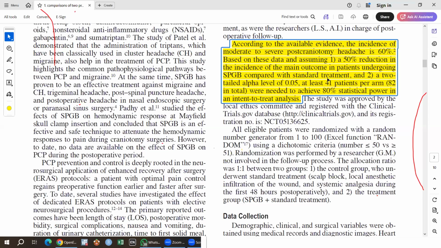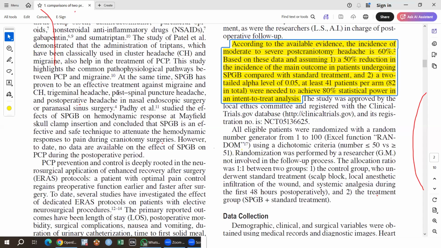Here standard treatment means our control group. In the control group, what is the incidence of moderate to severe post-craniotomy headache? And after that, tell me in the intervention group. SPGB is the intervention.